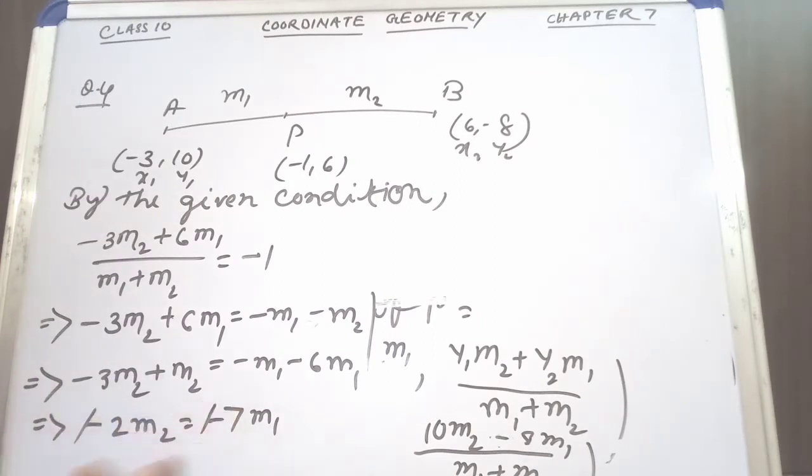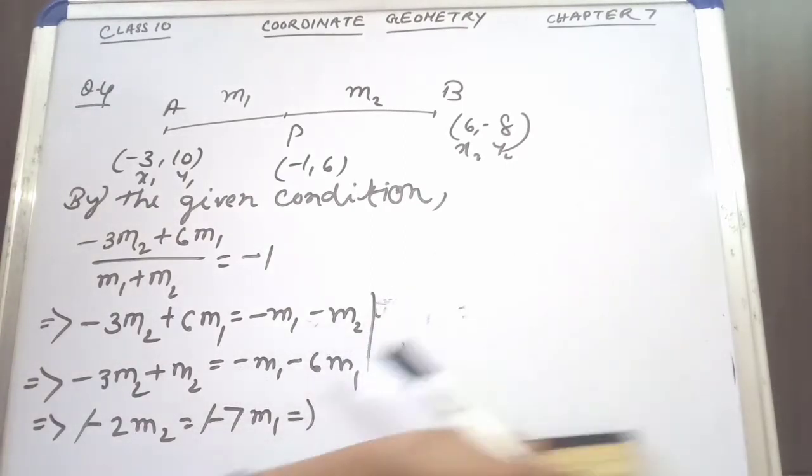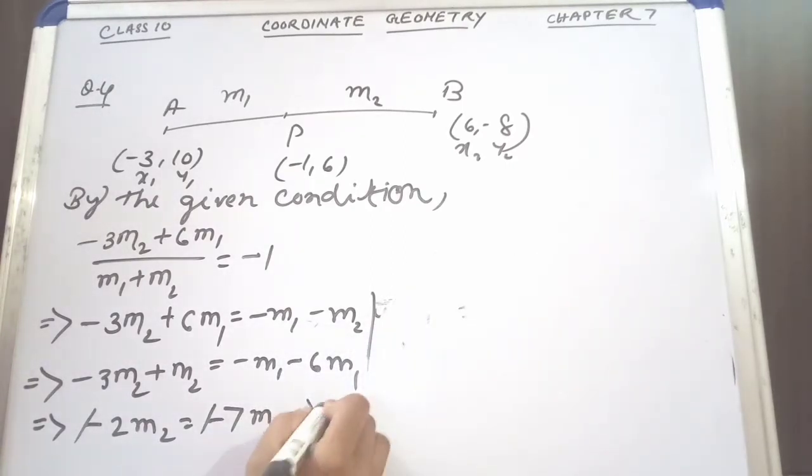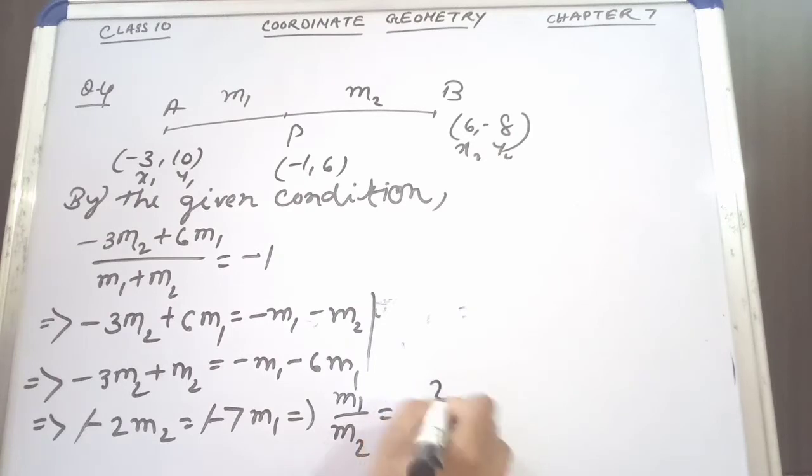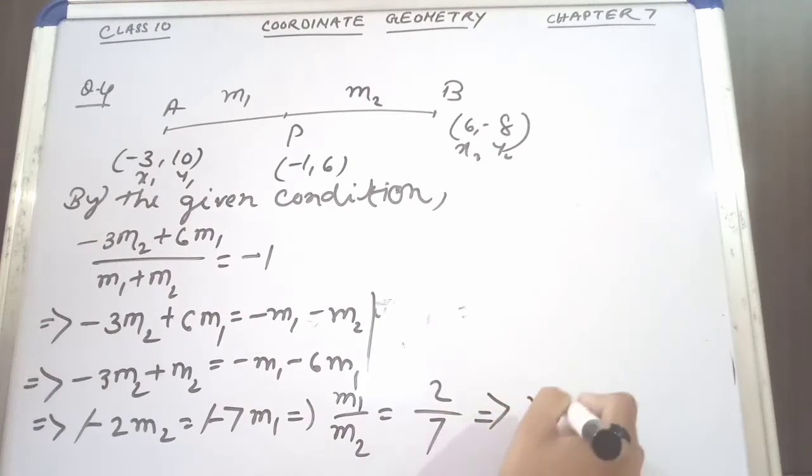Minus minus cancel out. This implies m1 upon m2 is equal to 2 upon 7. That means m1 ratio m2 is equal to 2 ratio 7. That's the answer.